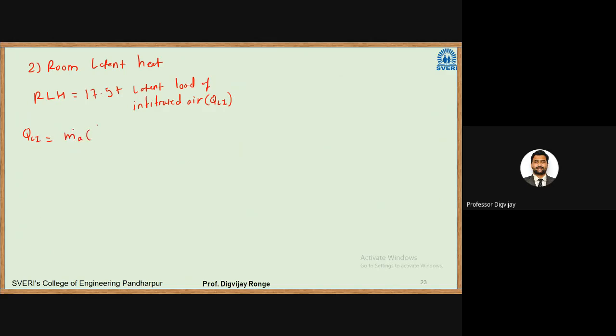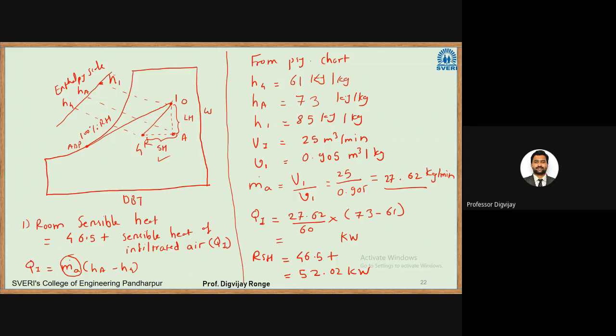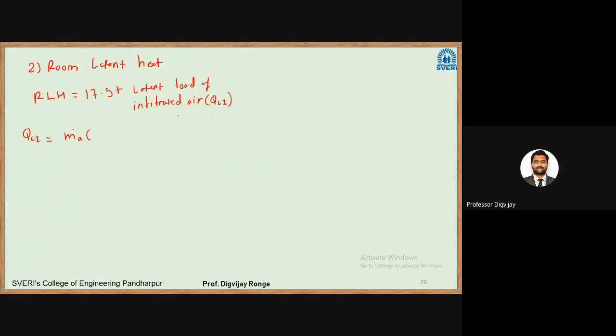In the previous step we took the sensible heat, so we took the difference between HA and H4. Now we are interested in latent heat, so we'll take the difference between HA and H1. The vertical part is your latent heat. So it will be mass flow rate into H1 minus HA.